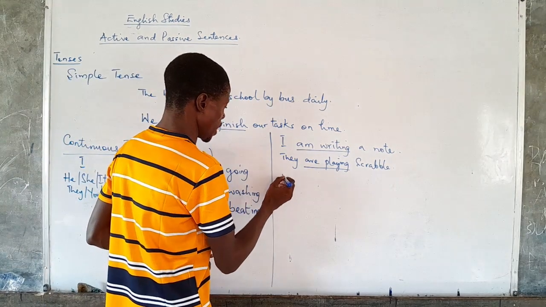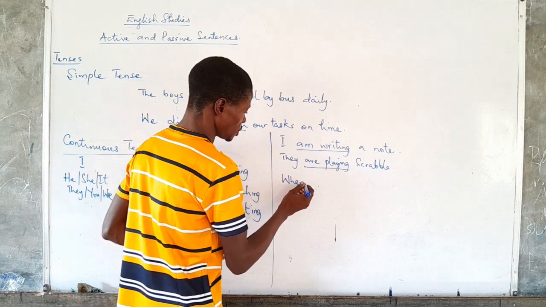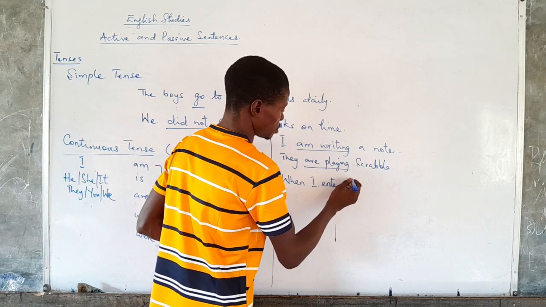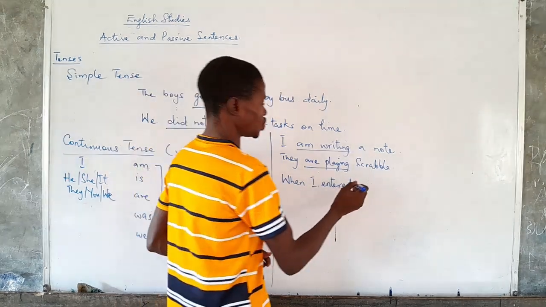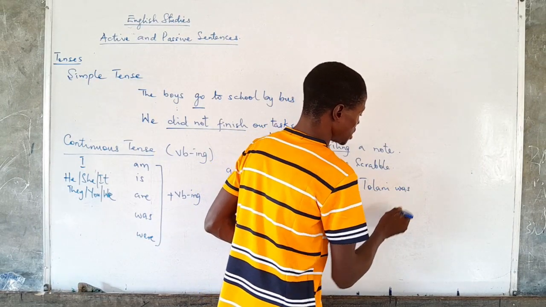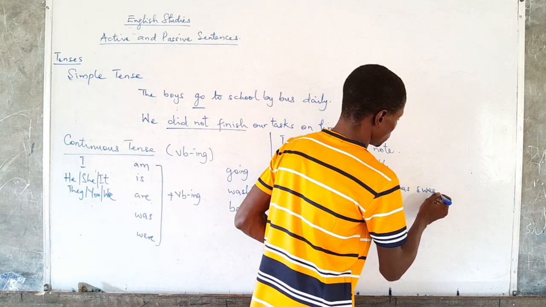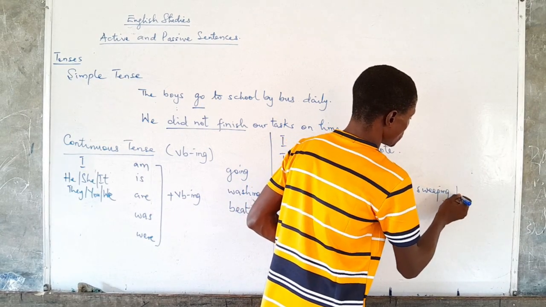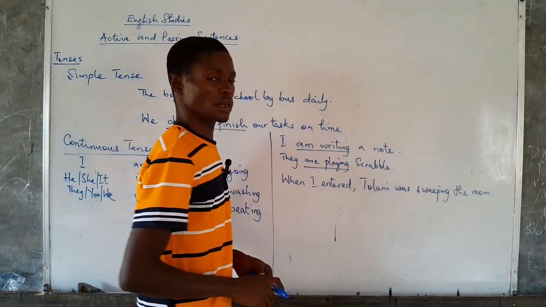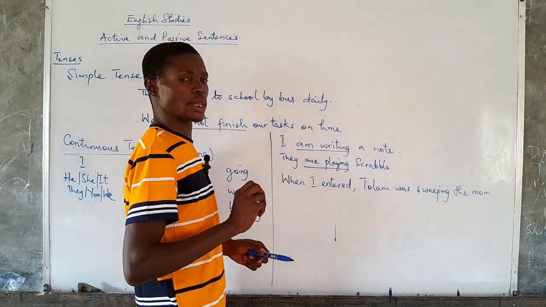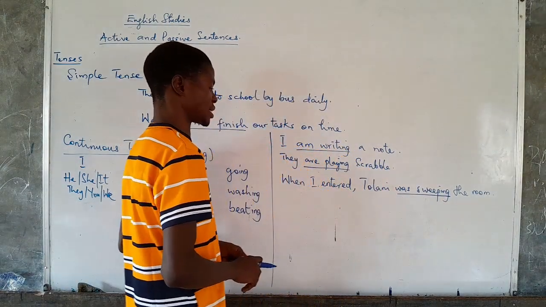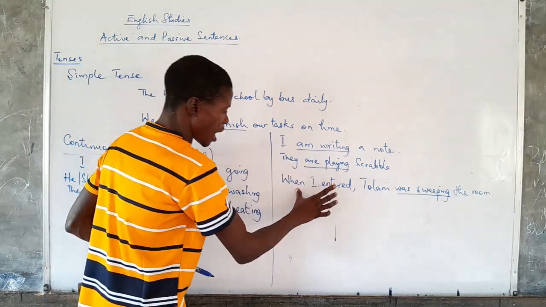Like, when I entered, Tolani was sweeping the room. To indicate that it was actually in the past, before we use past continuous, we must have a time adverb.